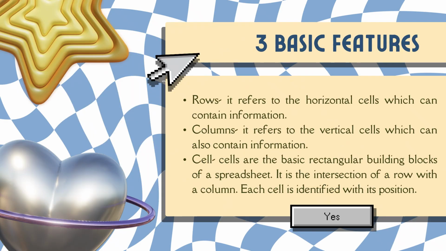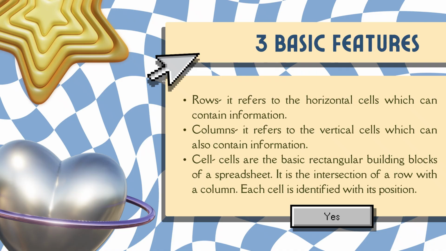The three basic features. The first one is rows. It refers to the horizontal cells which can contain information. Second one is columns. It refers to the vertical cells which can also contain information. And the last one is cell. Cells are the basic rectangular building blocks of a spreadsheet.